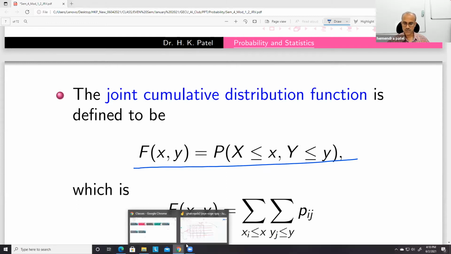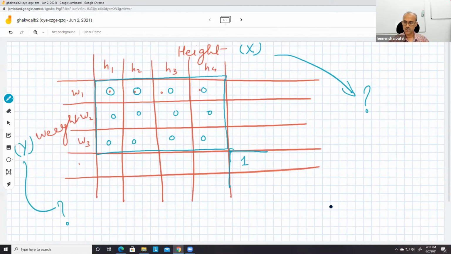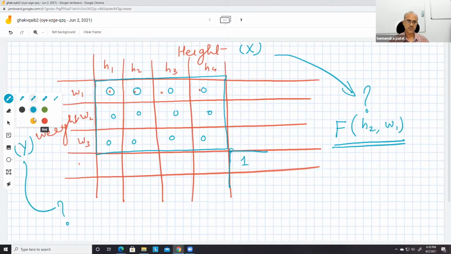Now suppose I want F(H2, W1). In this case, X is less than or equal to H2, so this is the line, and then W1. So this will be the sum of these two numbers.